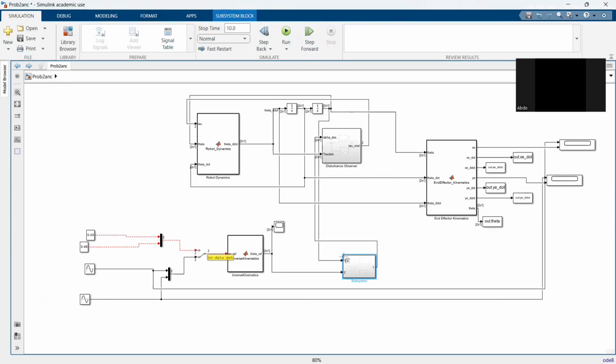This error tells the controller how far the robot is from the desired position. If the error is large, the controller produces a large command. If the error becomes small, the controller command becomes smaller.